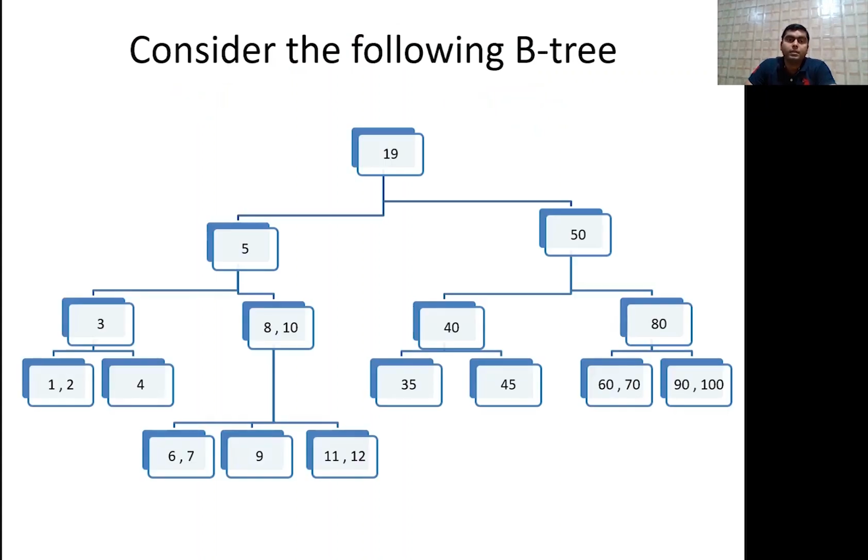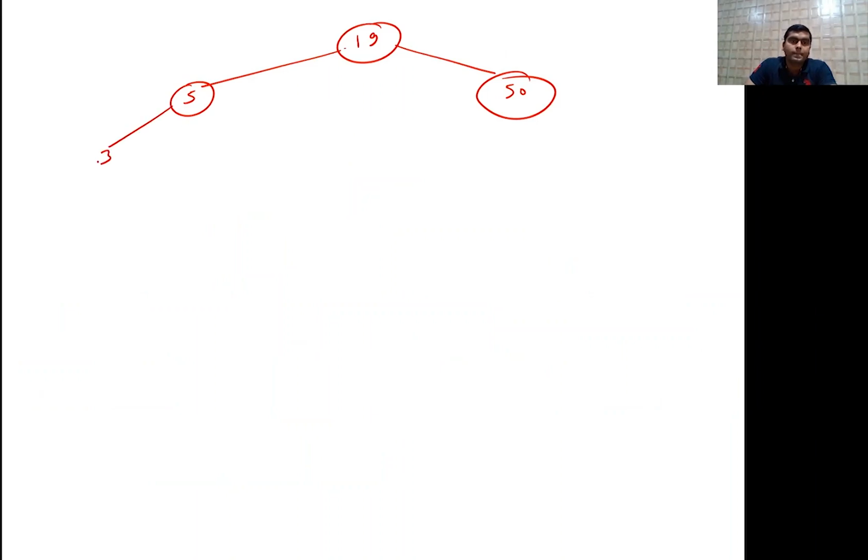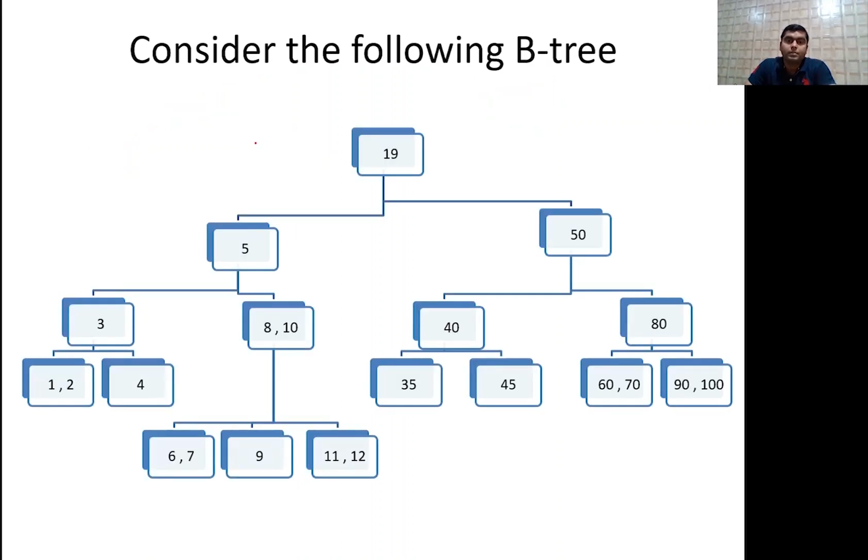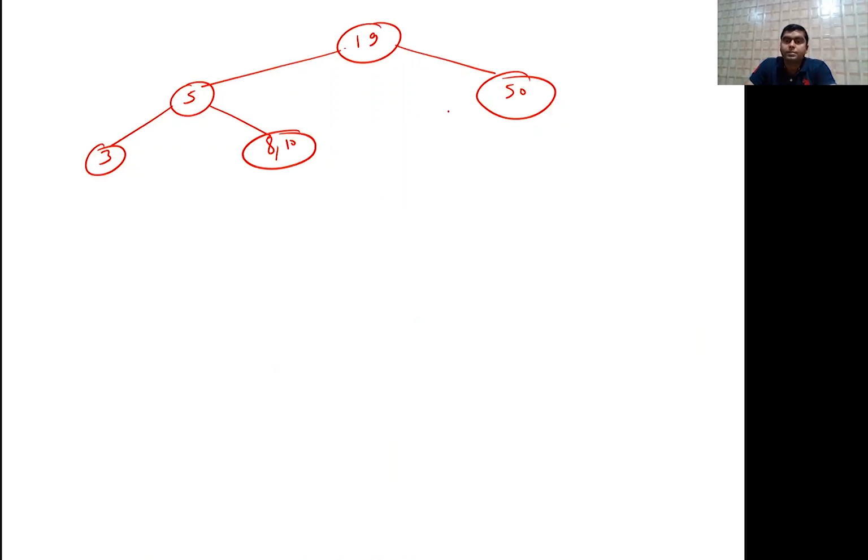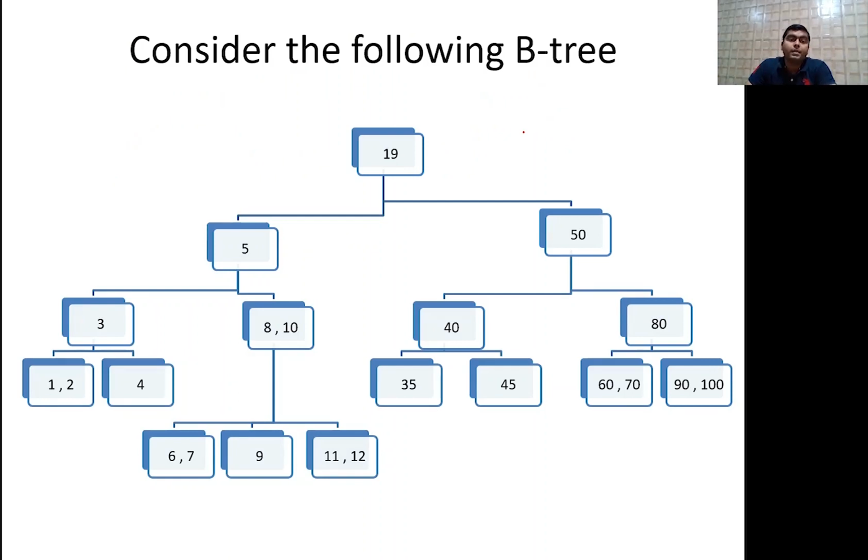Okay. And left is what? 3, 8, 10. So it is 3, 8, 10. And 40 and 80, so it is 40 and 80, and left is 1, 2 and 4.